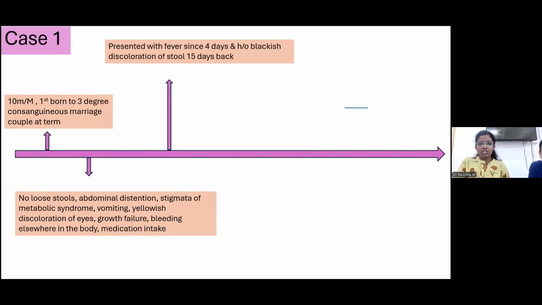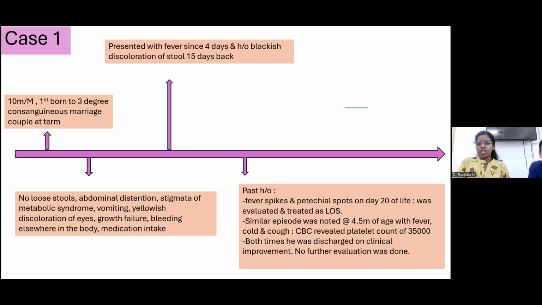He did not have any history of loose stools, abdominal distension, any stigmata of metabolic disorder, vomiting, yellowish discoloration of eyes, growth failure or bleeding elsewhere in the body, or any medication intake. In the past history, the child was noted to have fever spikes and petechial spots on day 20 of life, which was evaluated and treated as late onset sepsis.